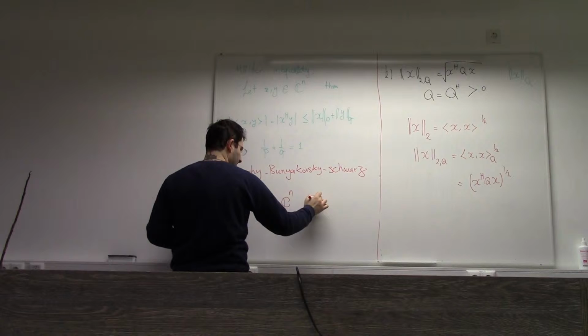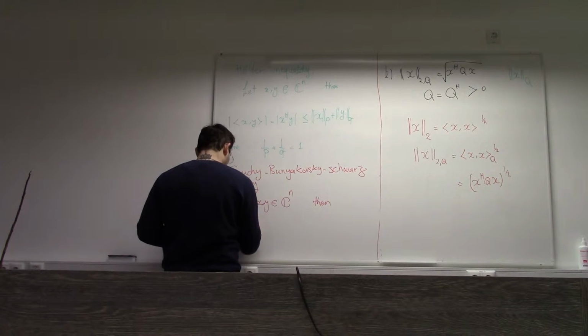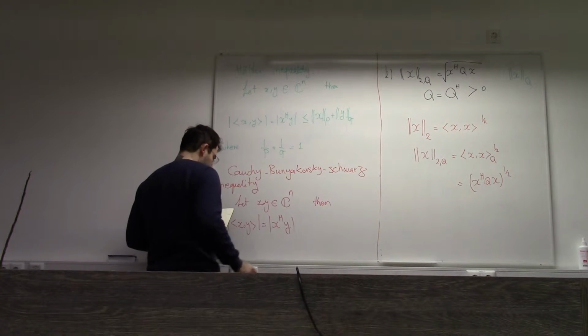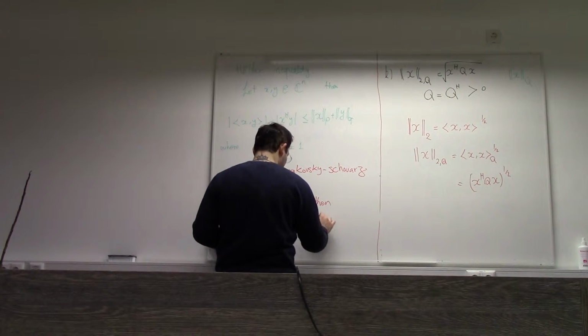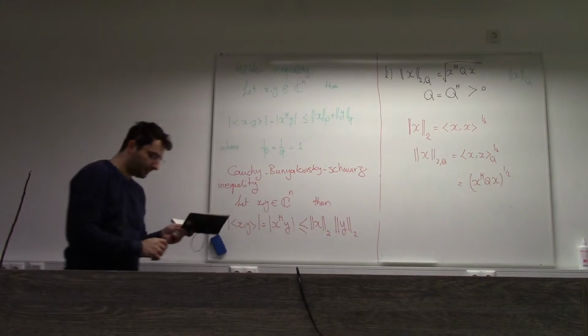Then the magnitude of the inner product of x and y, which is the magnitude of x Hermitian y, is less than or equal to norm of x multiplied by norm of y. And by norm we mean the Euclidean norm.